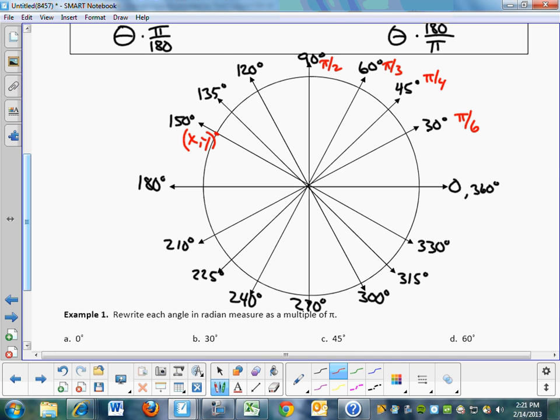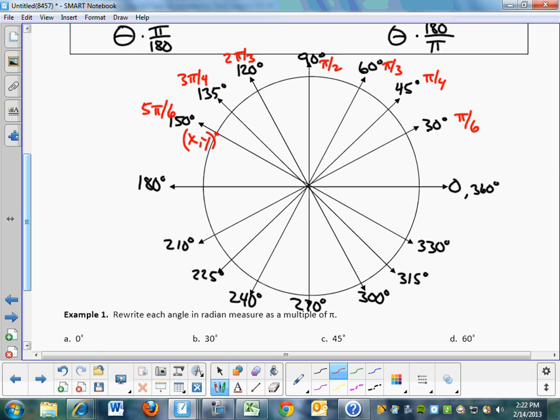So 120 would be 2 pi over 3. 135, 3 pi over 4. 2 pi over 4 would be 90. 3 pi over 4 would be 135. 150, 5 pi over 6.